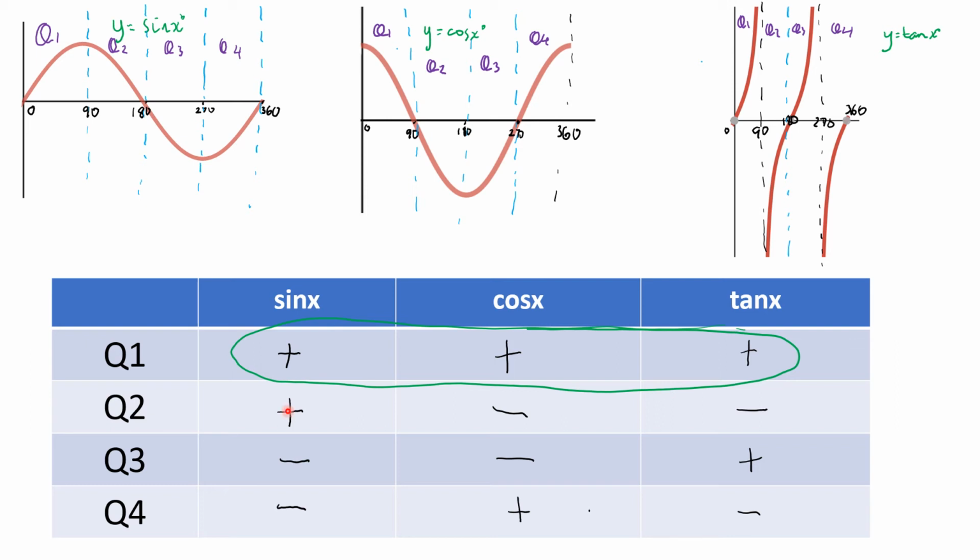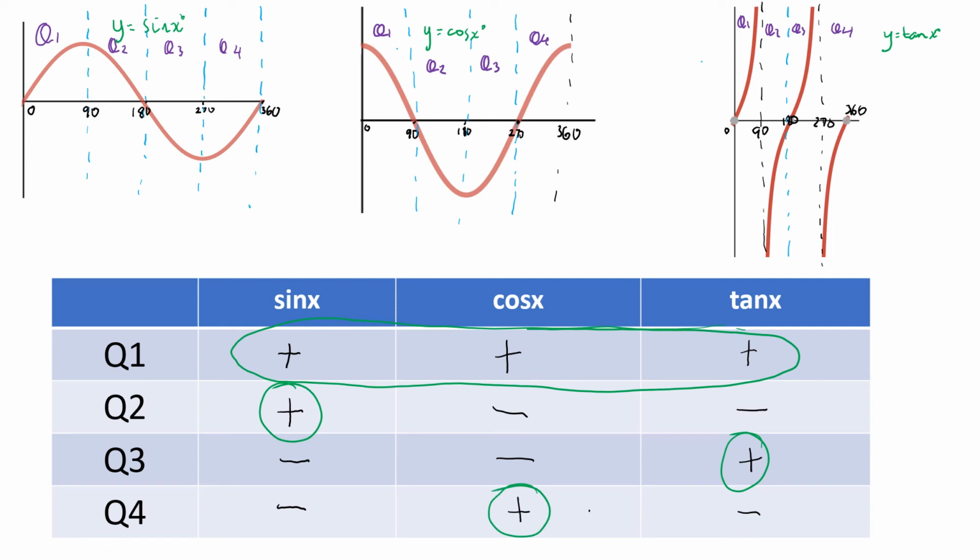It's only the sine function. The other two are negative, below the axis, whereas sine is above. So in quadrant 2, only sine is positive. In quadrant 3, it's only tan that's above the x-axis, and in quadrant 4, it's only cos that's above the x-axis.